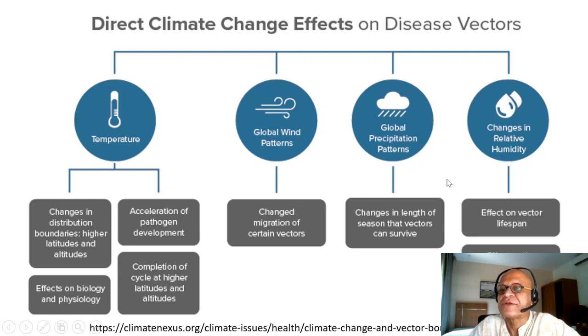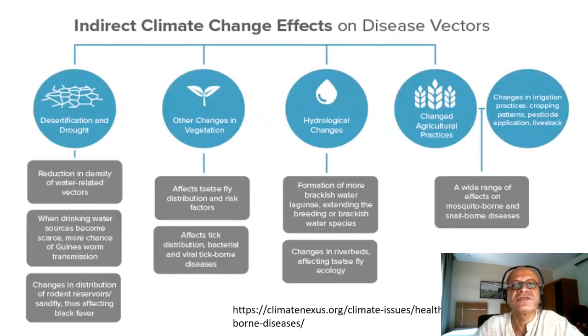interactions can happen. Changes in relative humidity can affect vector lifespan, effect on genetic composition of the vector population. So these are kind of broad concepts, but it gives you a sense of how complicated it is to track end-to-end from weather to disease outcome. Indirect climate change effects on disease vectors include desertification and drought, other changes in vegetation, hydrologic changes.